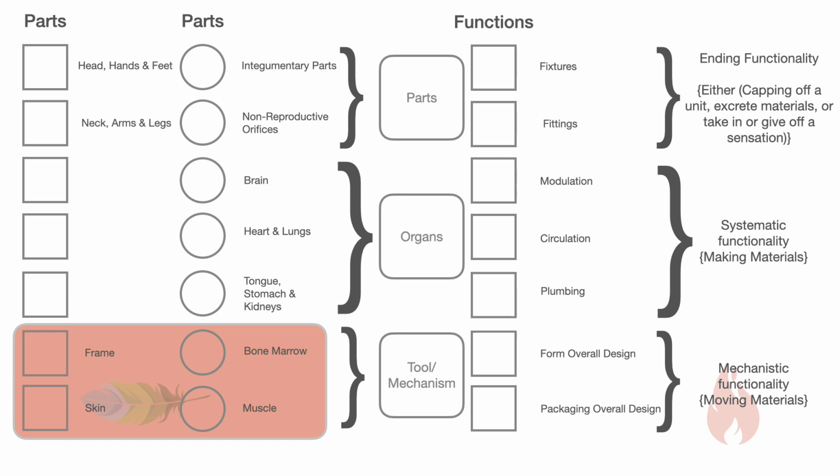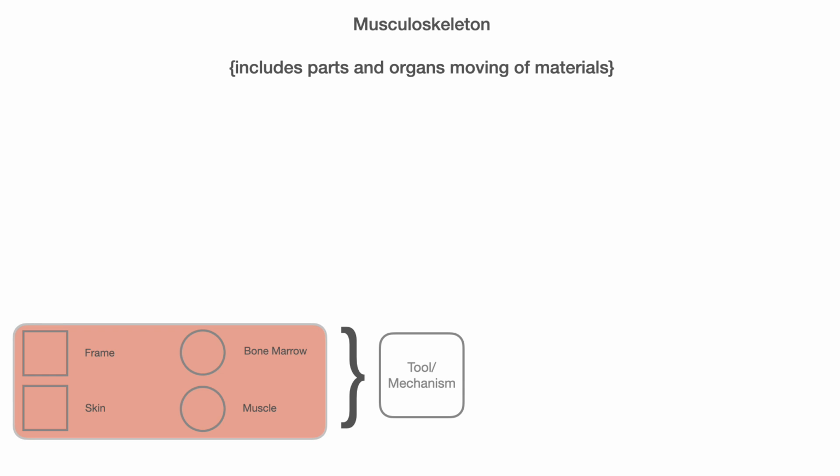So frame helps with form more so, and skin and muscle help with mobility. We keep it simple by eventually having this as a part, just the musculoskeleton. This is not to add too many details, it's really to simplify.